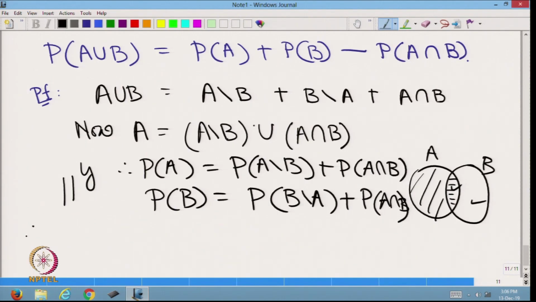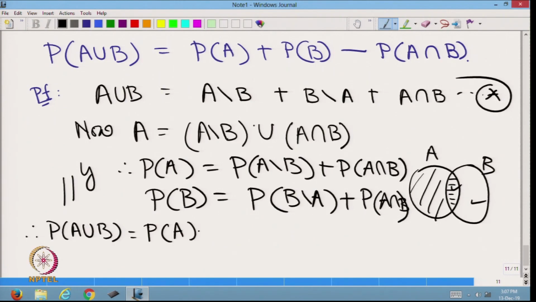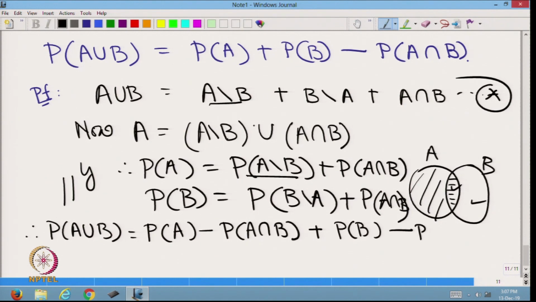Therefore, from the start we can write probability of A union B is equal to probability of A minus probability of A intersection B plus probability of B minus probability of A intersection B for this part, and plus probability of A intersection B coming from here.